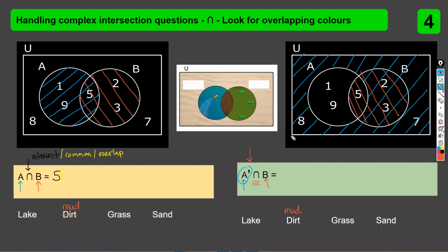You can't just say B. I want to know if it's the lake, the dirt, the grass, or the sand, or a combination of the lake and the dirt. Then that will make it easier for us to communicate, because when students say B, I don't know if you're talking about the whole of B or just the kind of cookie shape that has a bite out of it, like this shape here. It makes it too difficult to communicate.